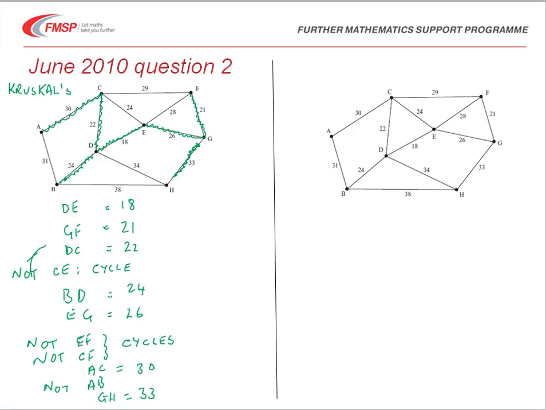Well, we've got a total now of 7 arcs, and as there were 8 nodes in the network, then there's always going to be one less arc than there is number of nodes. So 7 arcs, so it's now complete. So it's important not just to get the correct arcs, but also to get the correct ones rejected from that.